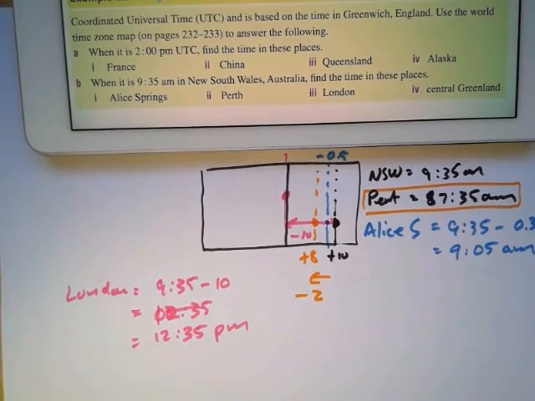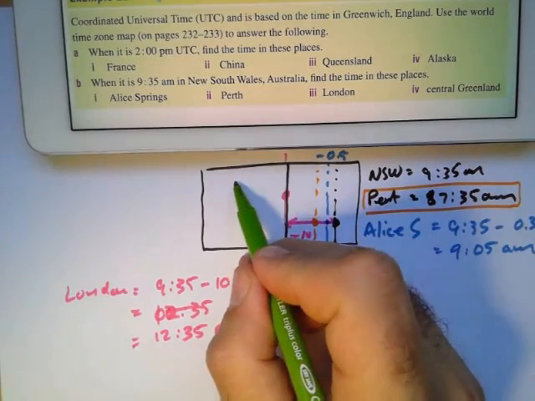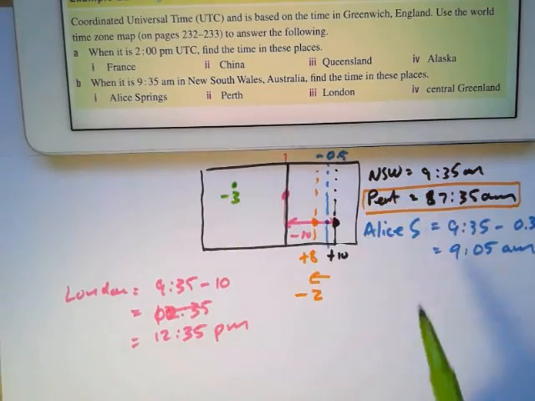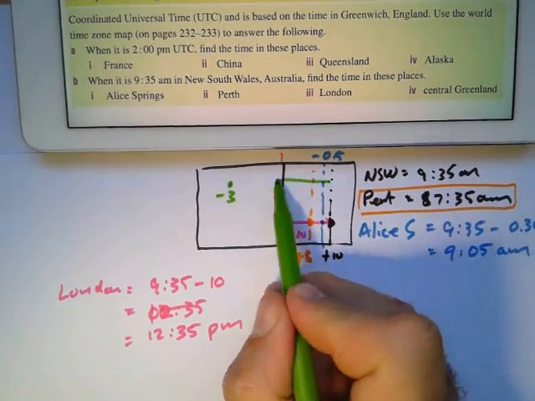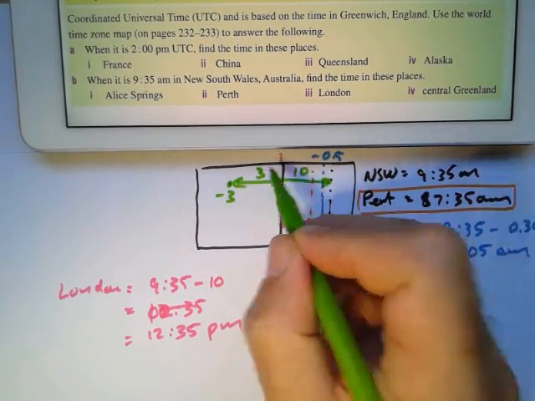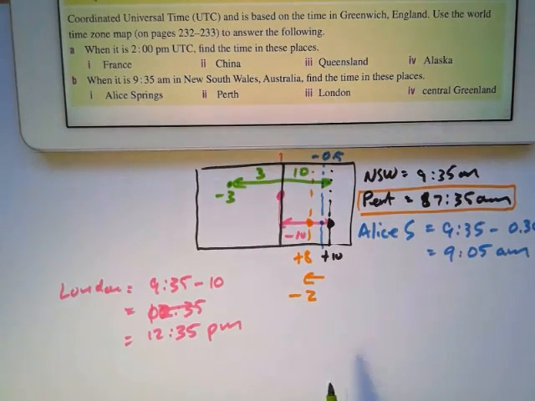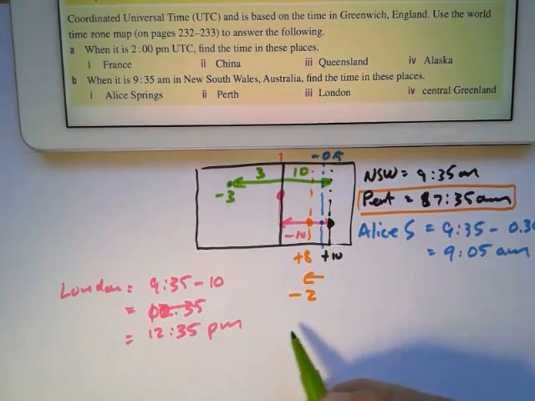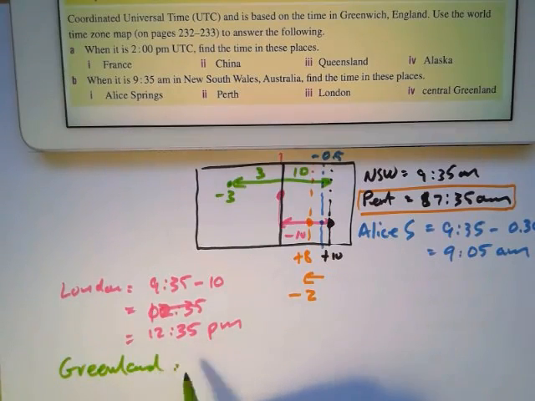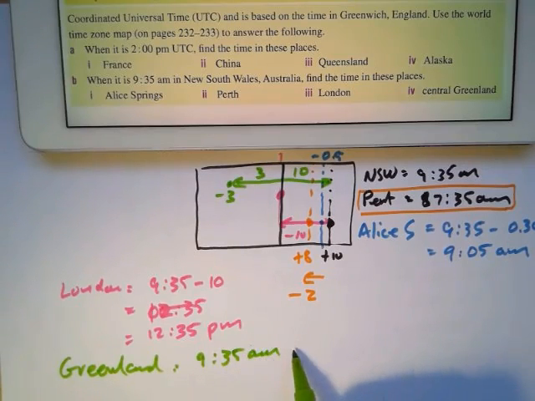If we look then at the last one, which is Central Greenland. Central Greenland is over here, and Central Greenland is at minus 3 hours. Now the difference between those two is this is 10 hours and this is 3 hours. So there's a total difference of 13 hours. So Greenland will be 9:35 a.m. take away 13 hours.